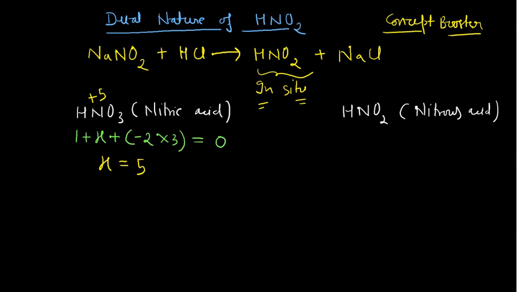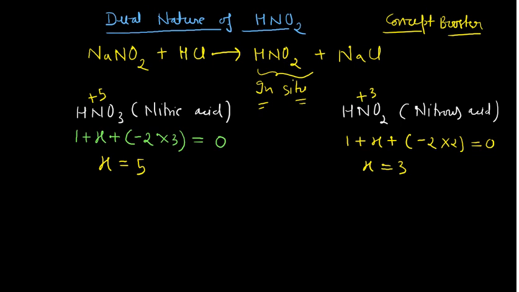Same calculation you can do for HNO2: 1 plus X plus 2 times -2, the charge on oxygen, equals 0, and X equals 3 in that case. That means nitrogen is in the +3 oxidation state.